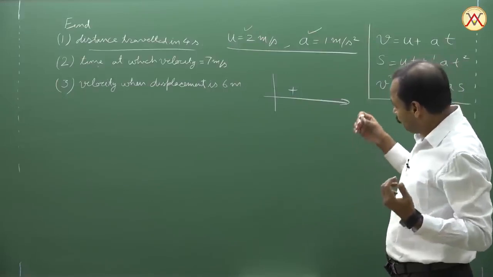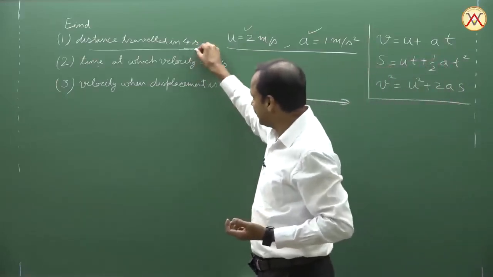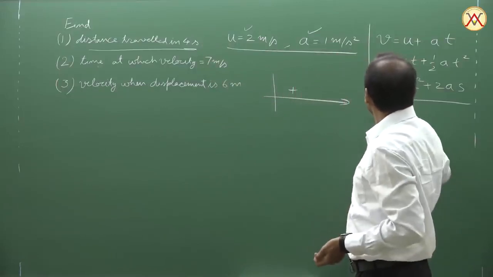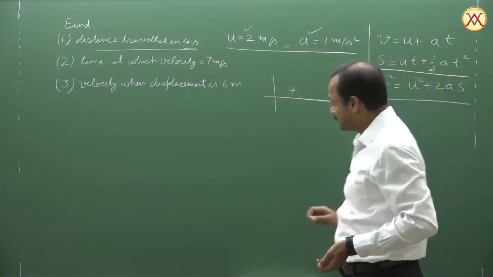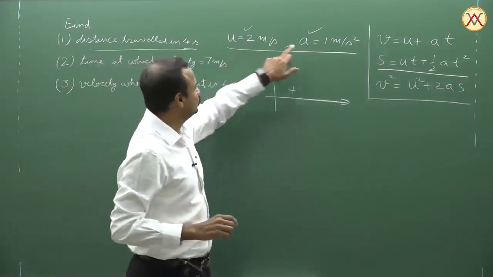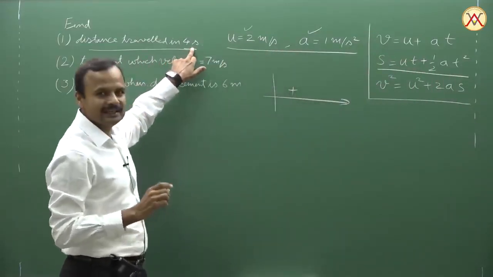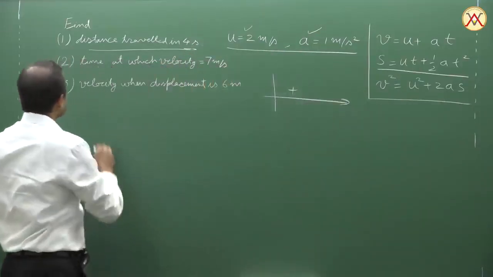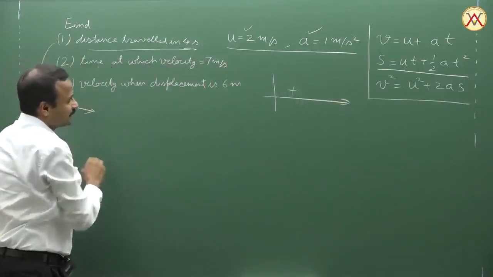So, let's find displacement at 4 seconds, then we will think about the distance. This is the equation which connects displacement to u, a and given t. So, we will use equation number 2 for the first part.